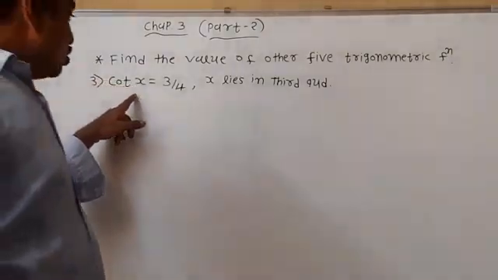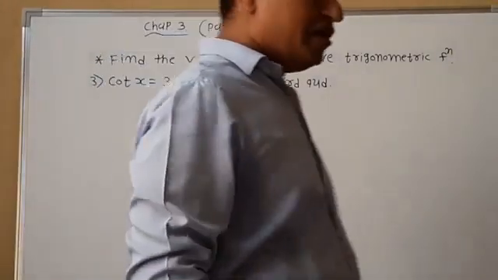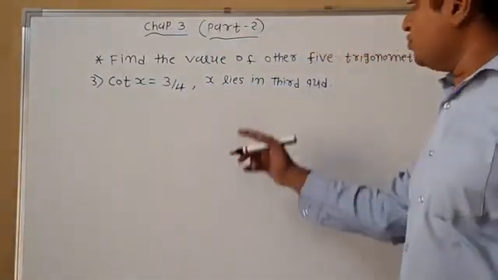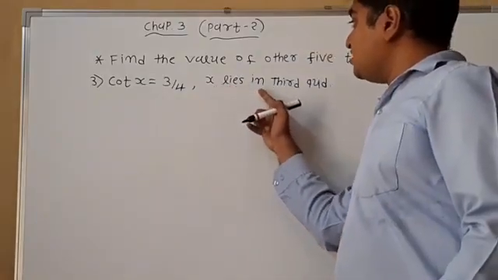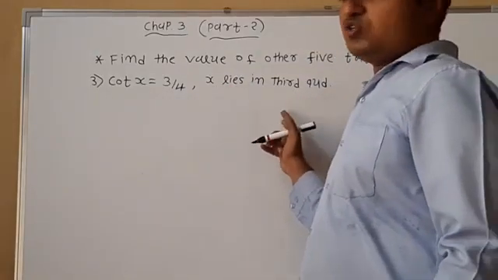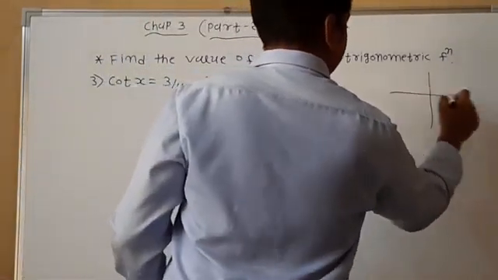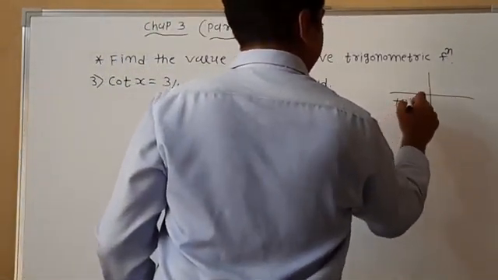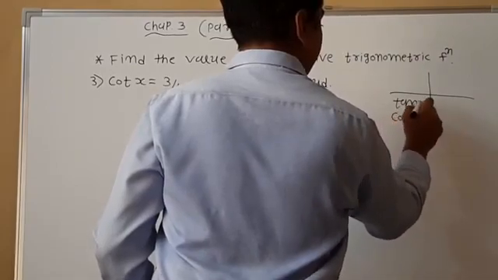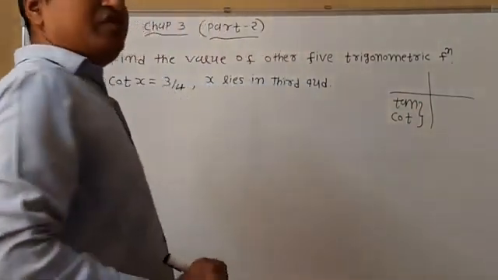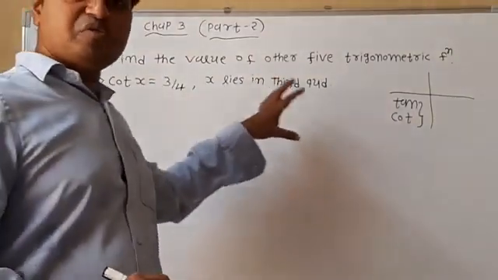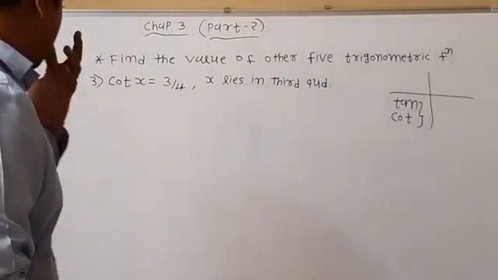So here cot x is equal to 3 by 4 is given, and x lies in the third quadrant. First, we know that in the third quadrant only tan and cot functions are positive, and the remaining four functions are negative.